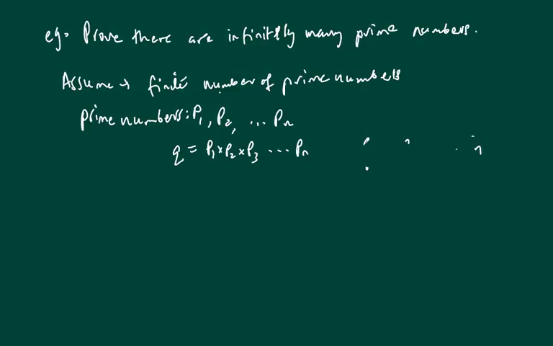However, if we were to take this combination of numbers P1 times P2 all the way to Pn and add 1 to it, then by definition, if we then divide Q by any of these prime numbers, I will have a remainder of 1, and so I don't have any other factors.